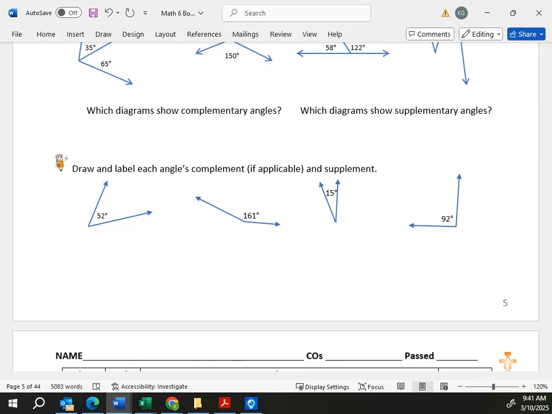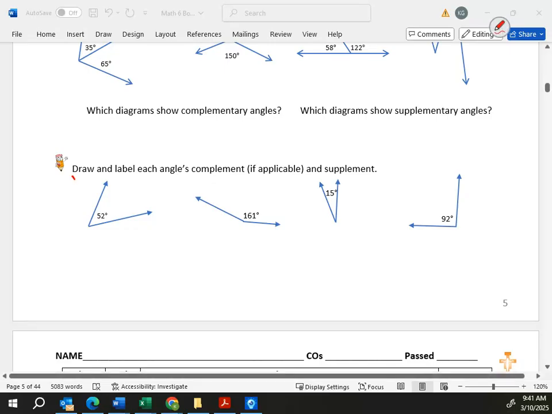Lila? When it's more than 90. When it's already more than 90 degrees. So something like 161 degrees is not going to have a complementary angle because it's already too big. So you're just going to put the supplementary angle. If it has that acute angle, you're going to put both.